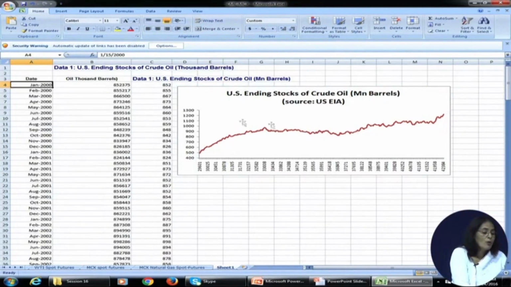This is the US ending stock of crude oil in million barrels, which I downloaded from the US Energy Information Administration website. You can see how the crude oil storage amount, the ending inventory, has gone up year on year.